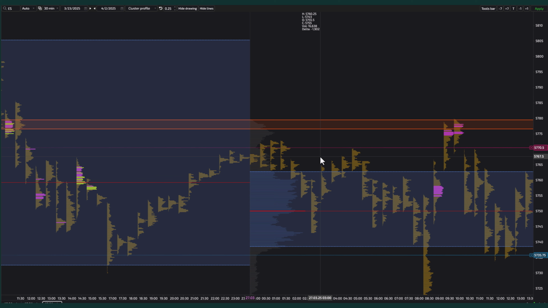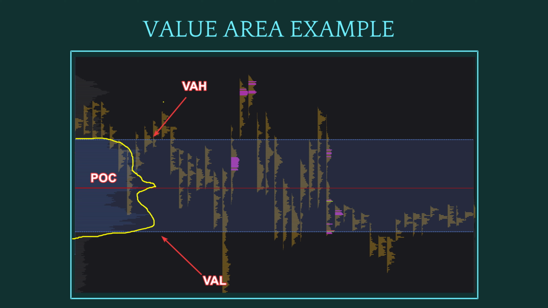This is the value area here, okay? The value area shows us 70% of all trades that were taken during a trading session. I always stick to this number, 70%, and recommend you to do the same. This is a classic approach and it works just fine. No need to overcomplicate things or reinvent the wheel.